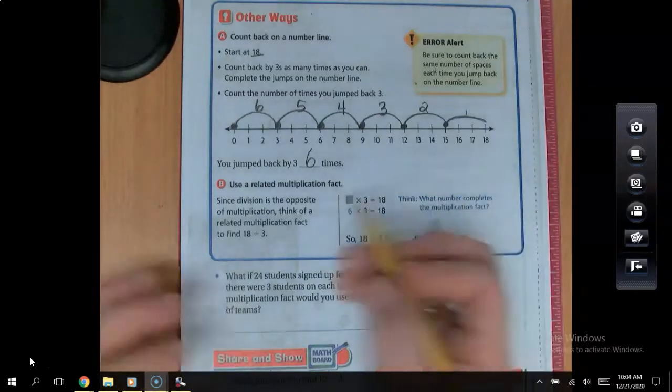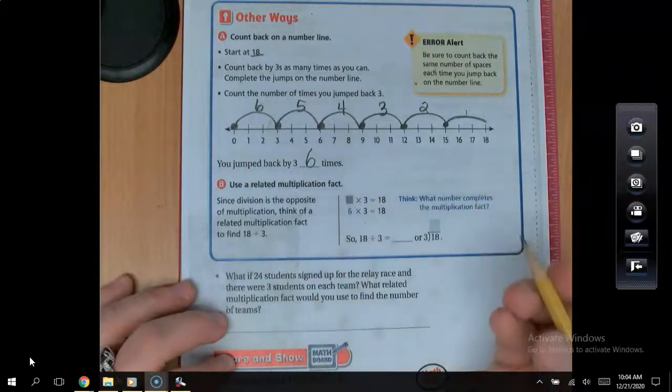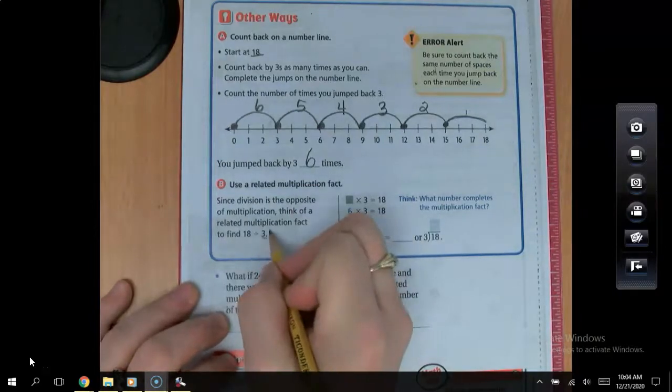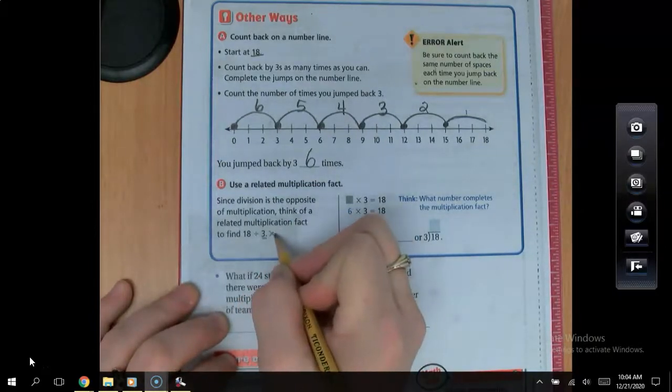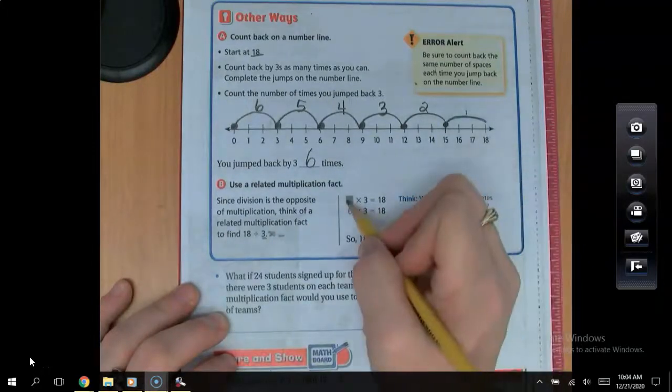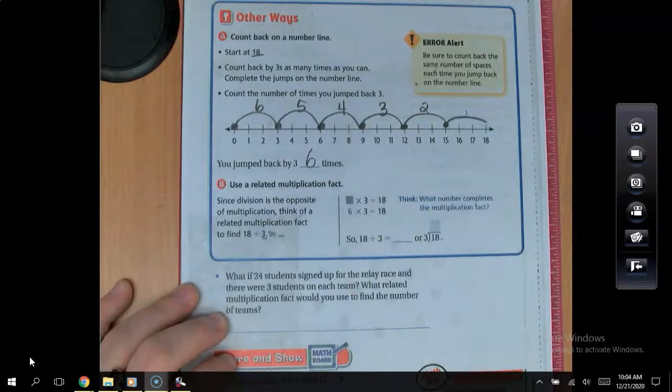Since division is the opposite of multiplication, think of a related multiplication fact to find 18 divided by 3. You could say 3 times what number equals 18. So what number times 3 equals 18? 6.